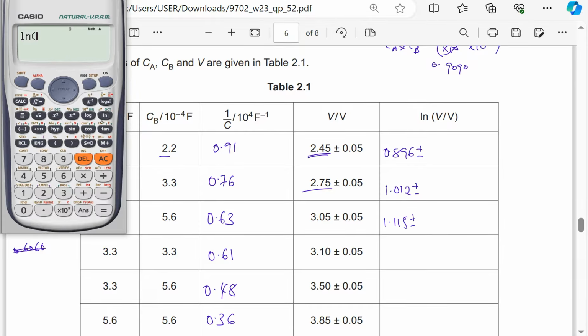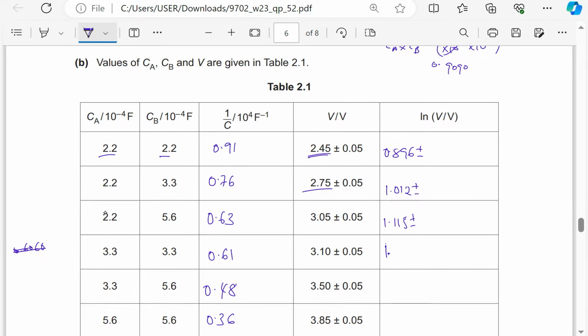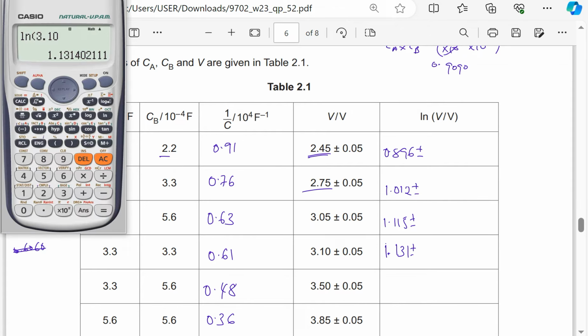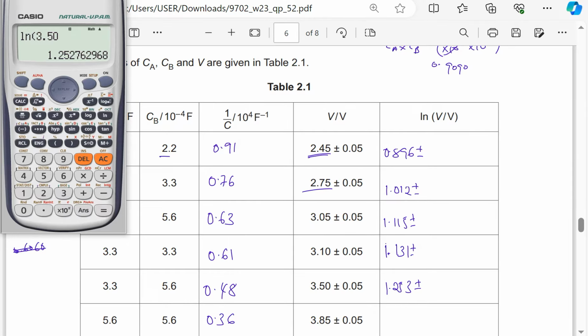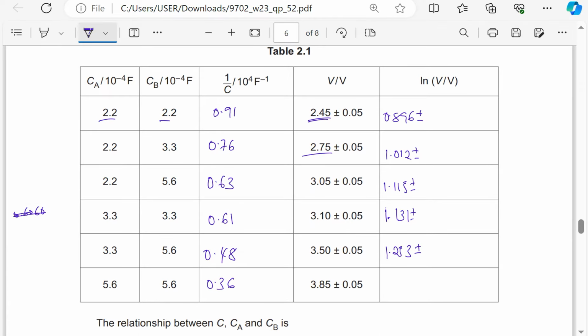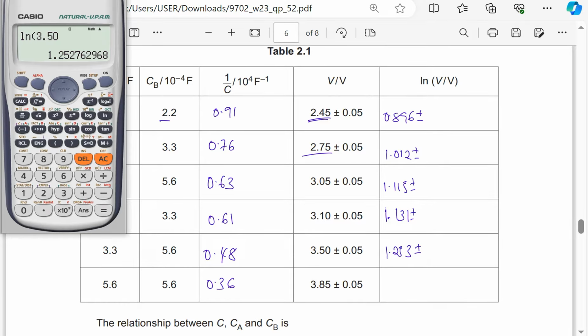Let's check ln of 3.10. That's 1.131 plus or minus. Let's check ln of 3.50. That's 1.253 plus or minus. Please make sure you round off mathematically correctly. Then I'll have ln of 3.85. That's 1.348 plus or minus.